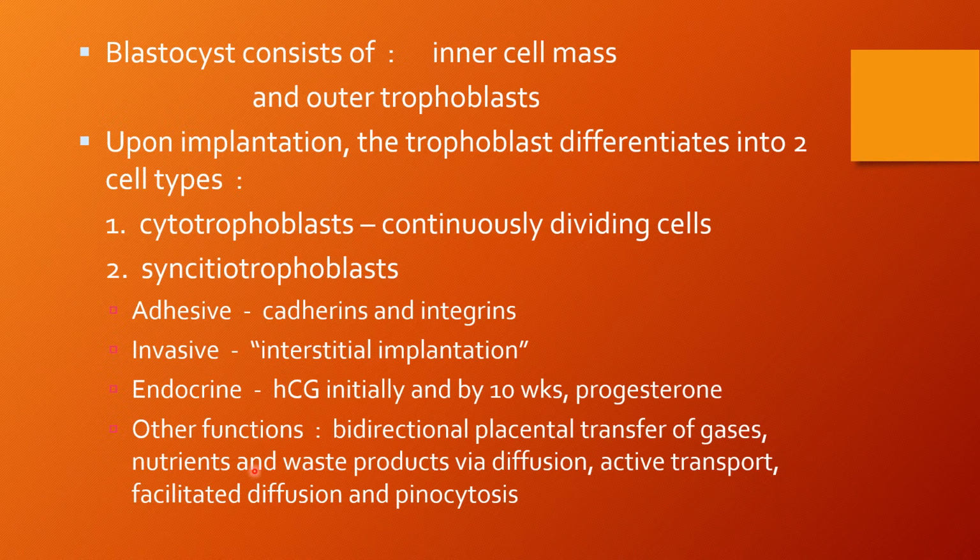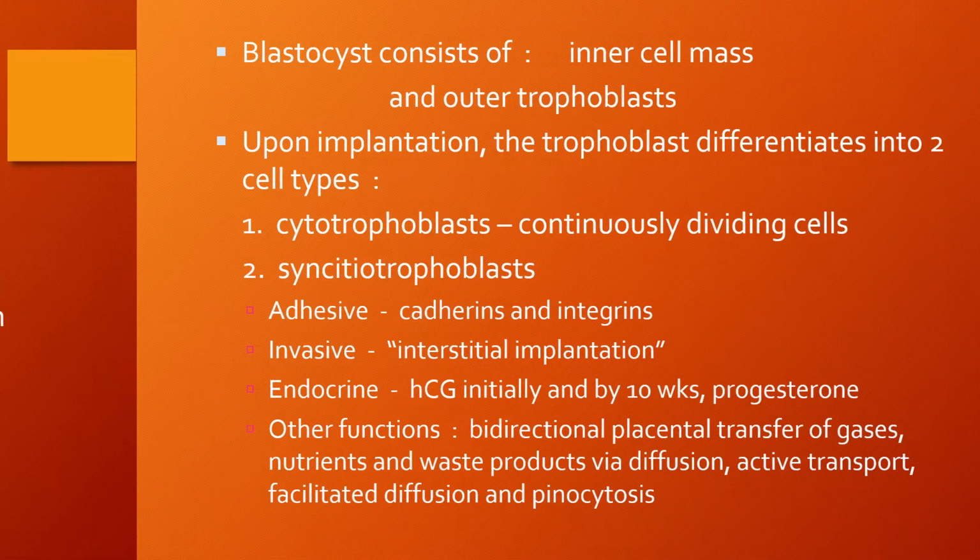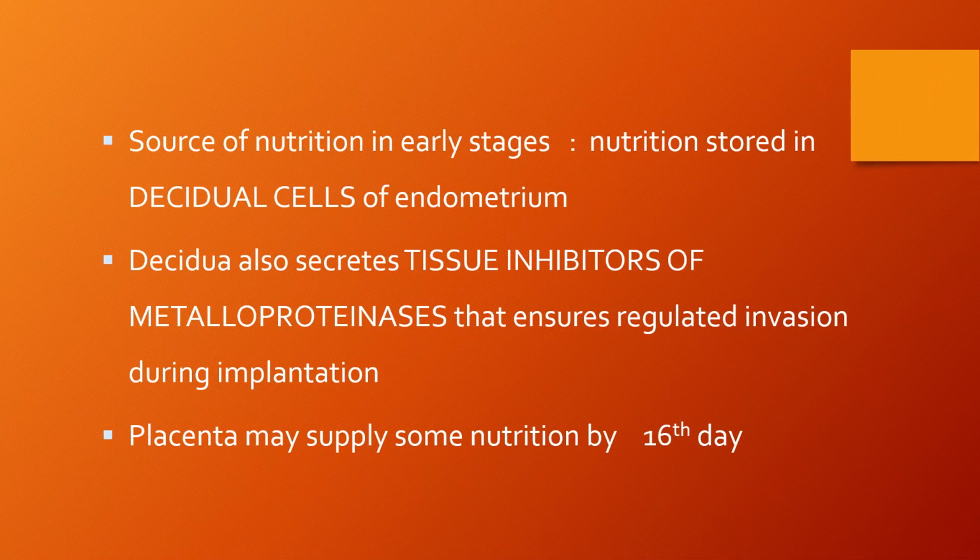Other functions would be a bidirectional placental transfer of gases, nutrients, and waste products via diffusion, active transport, facilitated diffusion, and pinocytosis or cell drinking. The decidual cells of the endometrium will serve as an early source of nutrition in the early stages.